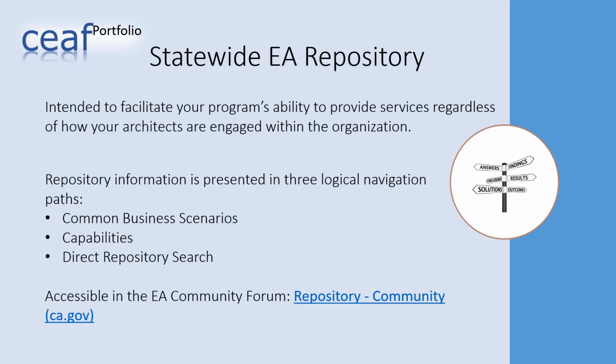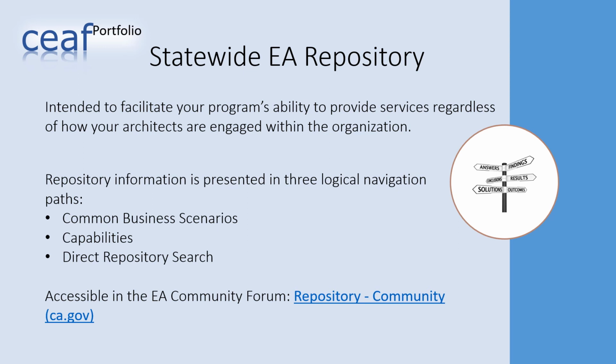This framework provides a statewide online repository. The site content is intended to support program architects' ability to provide services regardless of how they are engaged within the organization. The framework information is presented via 3 logical subforums. First is through what we call common business scenarios.